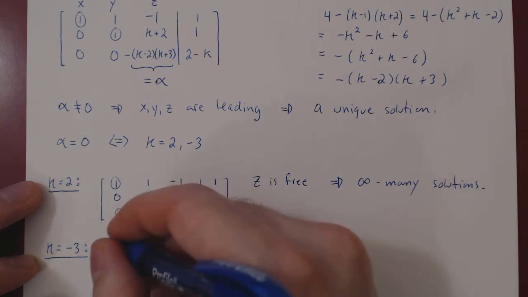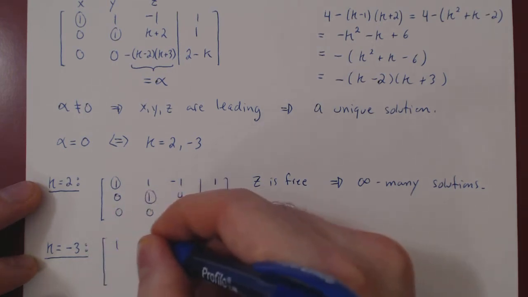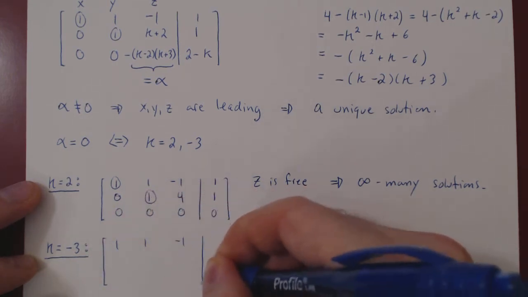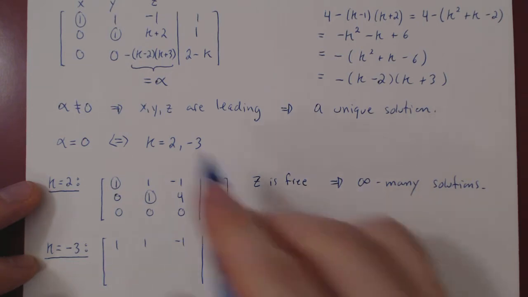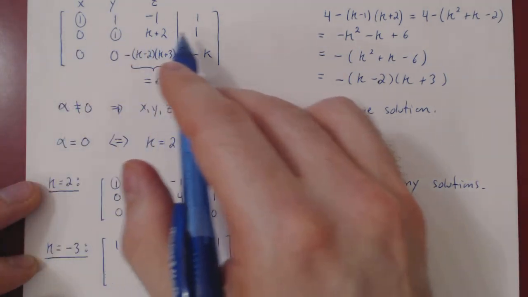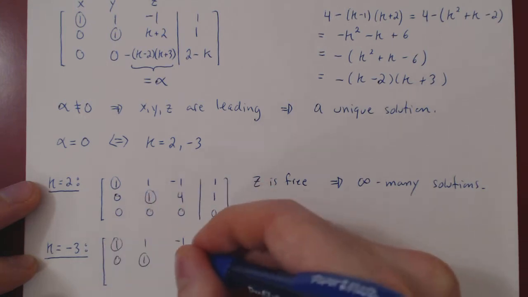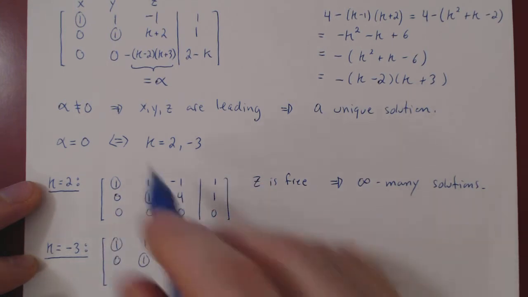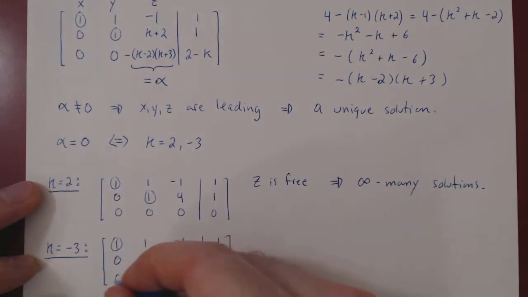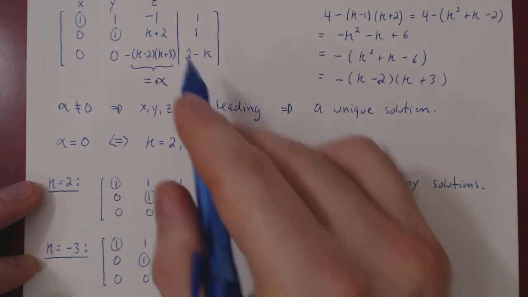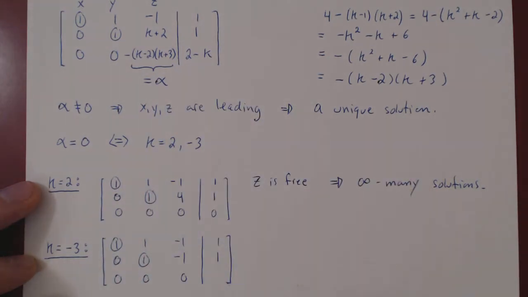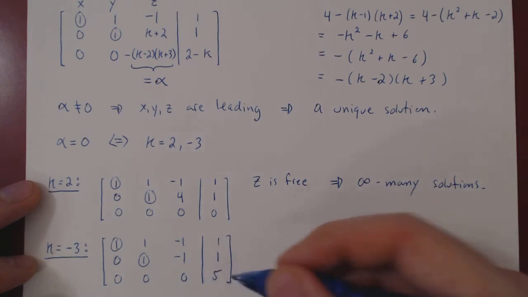So let's replace. The first row again stays the same, as there is no k. The second row 0, 1, negative 1, 1. And the third row 0, 0, 0, 2 minus negative 3 is 2 plus 3, positive 5.